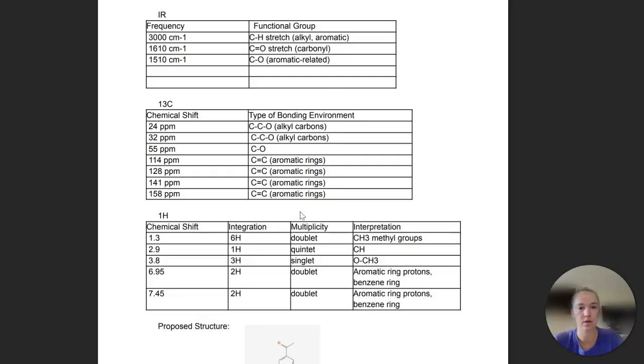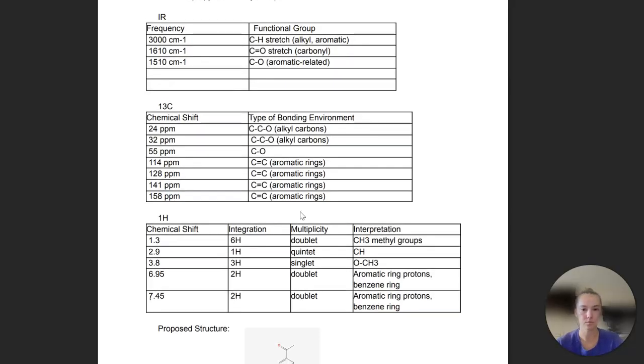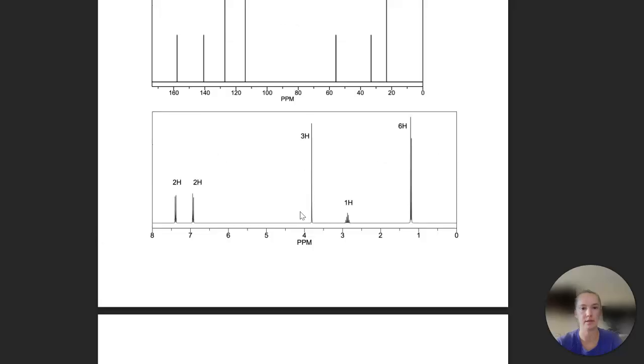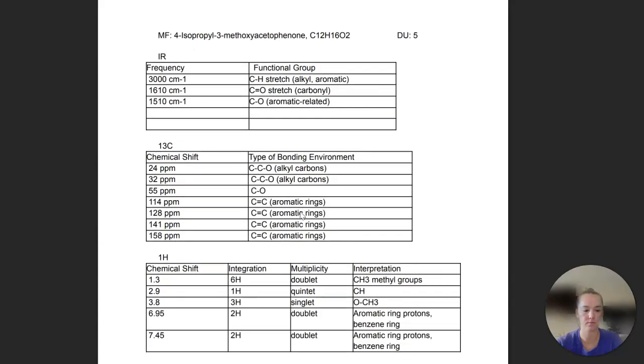There are also between the 50 and 160 ppm, we see 114, 128, 141, and 158, showing double bonds between two carbons and likely pointing to aromatic rings. And we can see here from the second graph.